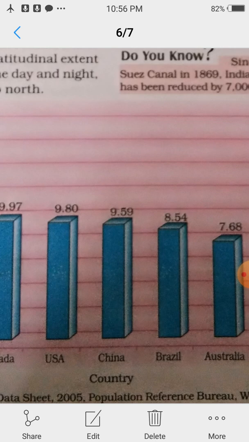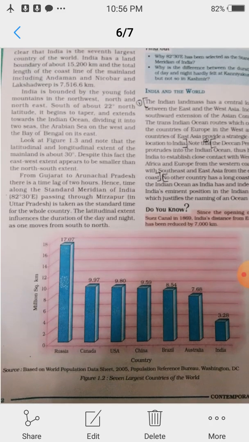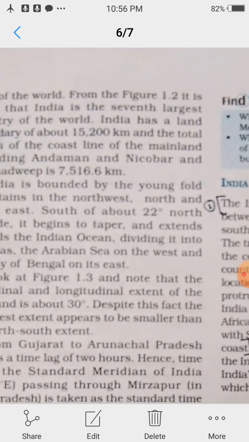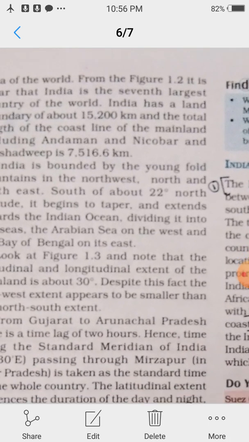Then Brazil, 8.54. After that Australia, 7.68. And after that India's rank is 7th in the world, with 3.28. So it is clear that India is the 7th largest country of the world.